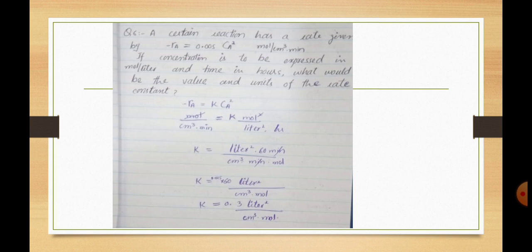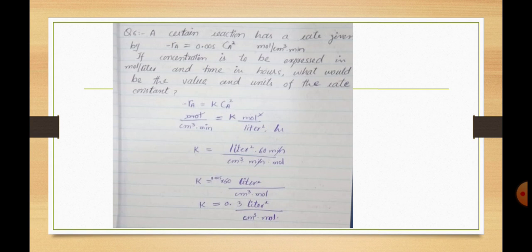This is the rate equation for this reaction: minus Ra is equal to K concentration of A power 2. The units of the rate of reaction are mole per cm cube into minute, while the units of concentration of A squared are mole square per liter square. If we arrange these units, we will get liter square into 60 minutes divided by centimeter cube into minute into mole.